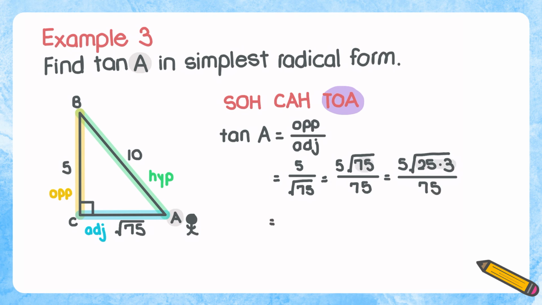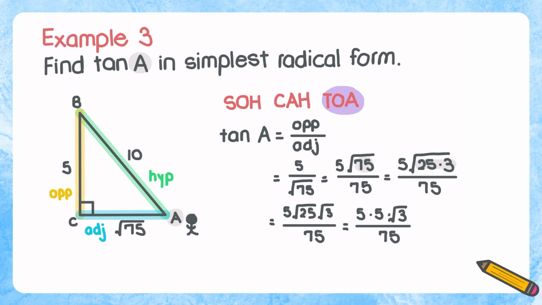And so let's separate these. We have 5 times radical 25 times radical 3 over 75. And then radical 25, that's the square root of 25, so that equals 5. So we have 5 times 5 times radical 3 over 75.